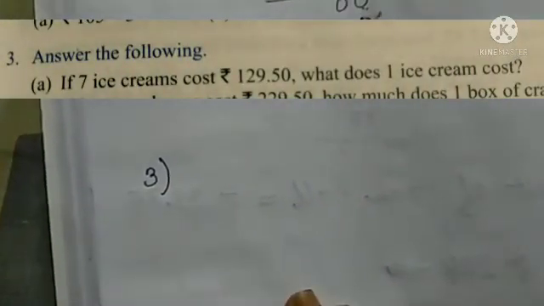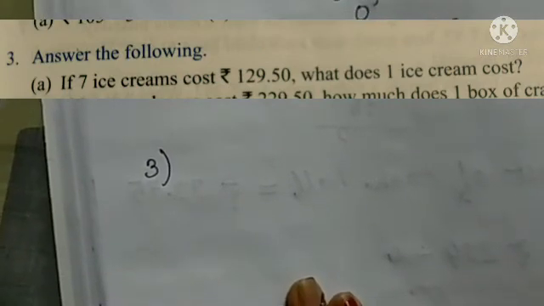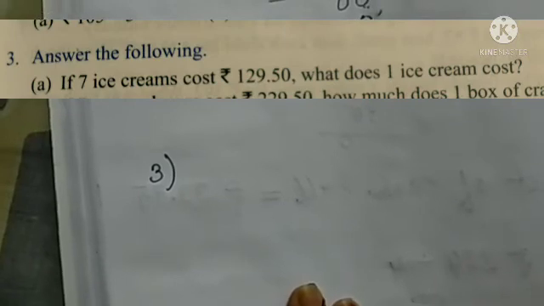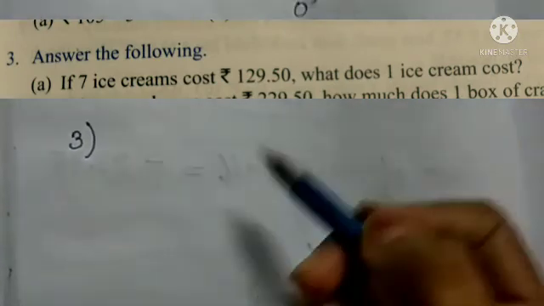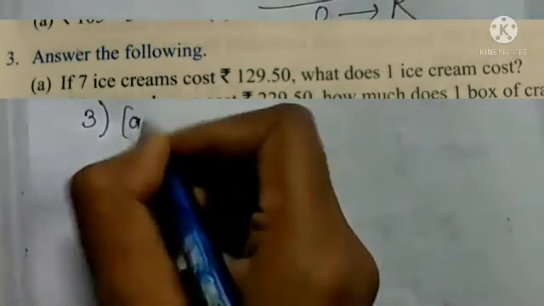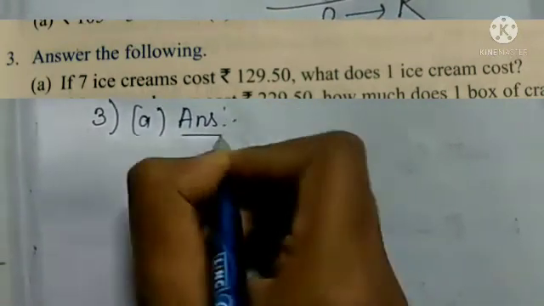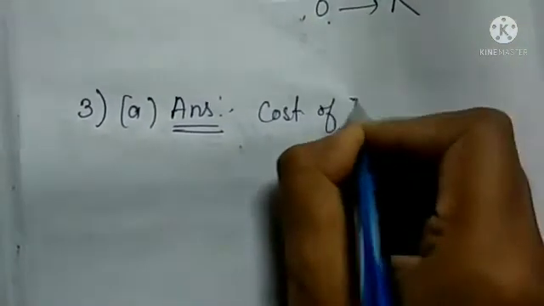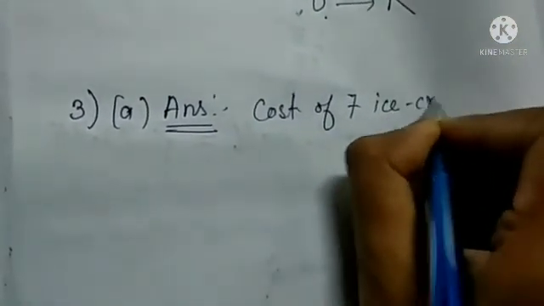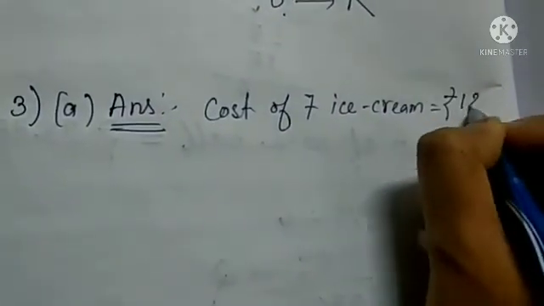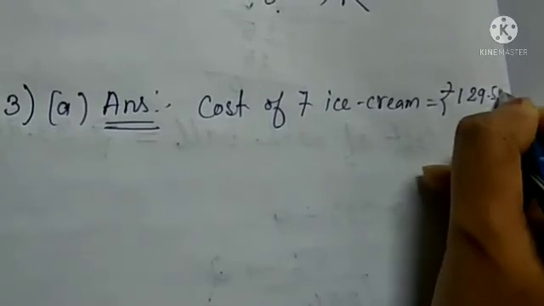Answer the following. If 7 ice creams cost rupees 129.50, what does 1 ice cream cost? So 1 ice cream cost, that means here you have to find out the unit price, right, students? So what you have to do? Simply write the cost of 7 ice creams, that is already given in the question, rupees 129.50.